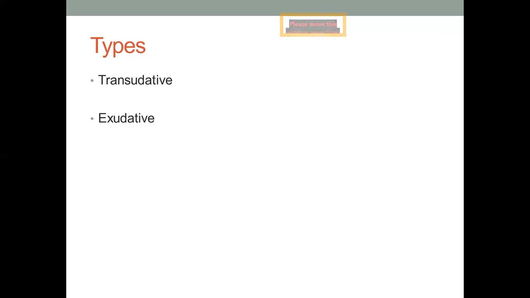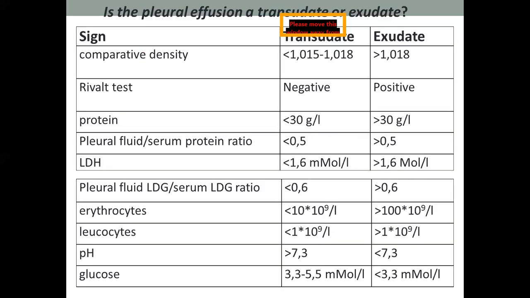If the color is clear fluid, clear water-like, this is transudative pleural effusion. And when you cannot differentiate this on the basis of color, obviously you will send this for routine examination.